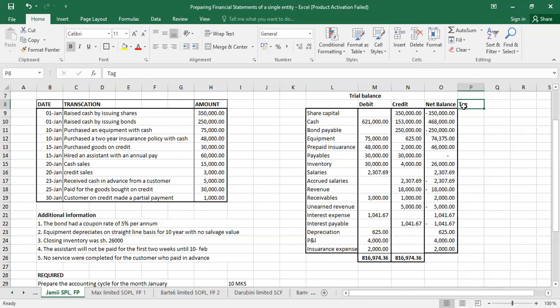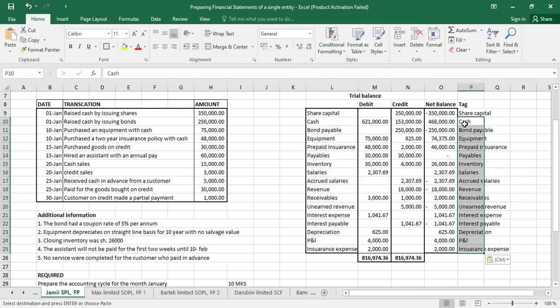Okay, I think we'll continue from there. Let me just finish the tag column, because we are also going with the time. This one will just be called share capital. There will be no differences. Because our statement is small, I can just do Control C, then Control V. So I leave this as an assignment.